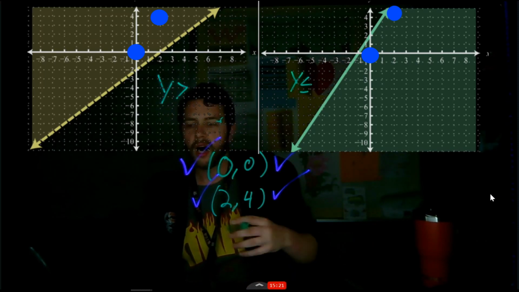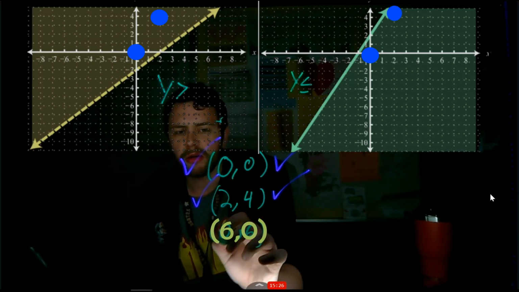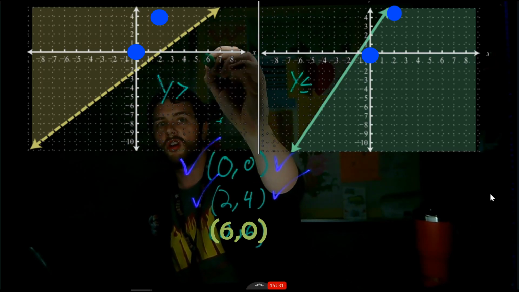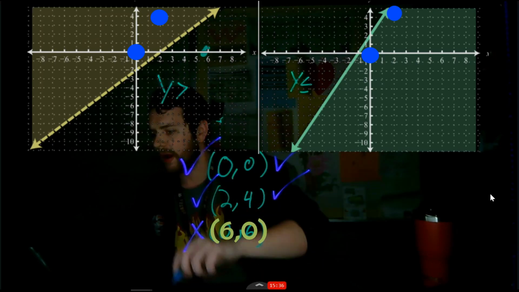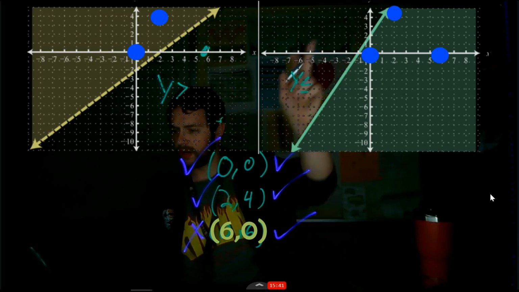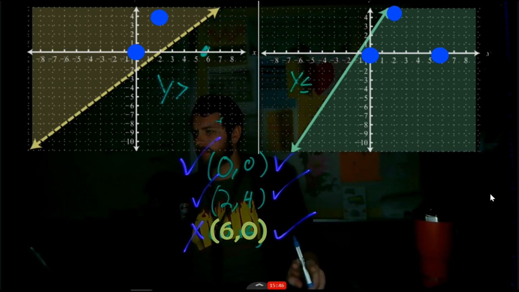Let's talk about a couple more points here. How about 0 and 6? 0 over, 6 up. On this graph, it is here, not in the shaded region. This is not a part of the solution to this graph. But 0 and 6, that's way over here on this graph, and it is a part of the solution because it is in the shaded region. Let's do a couple more.